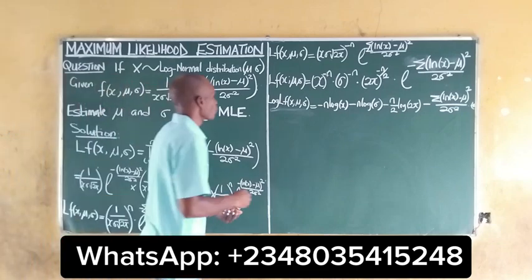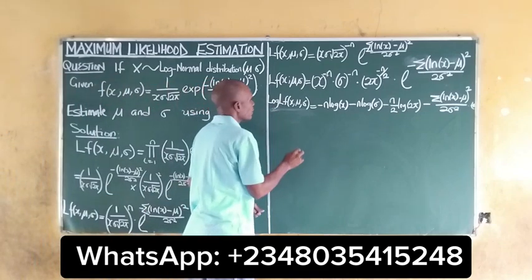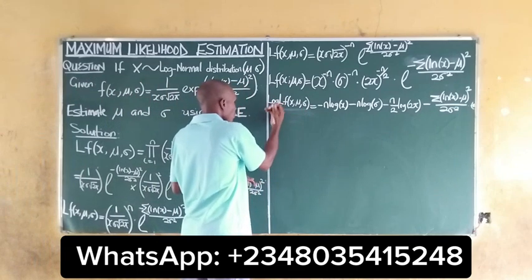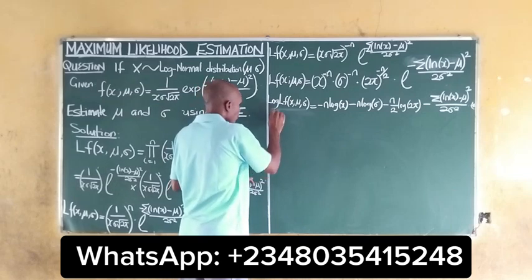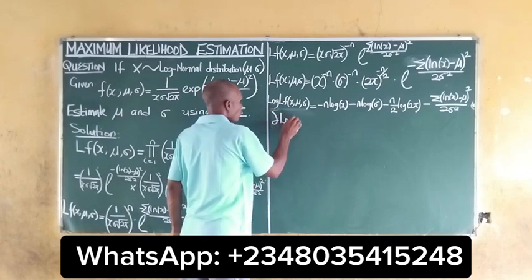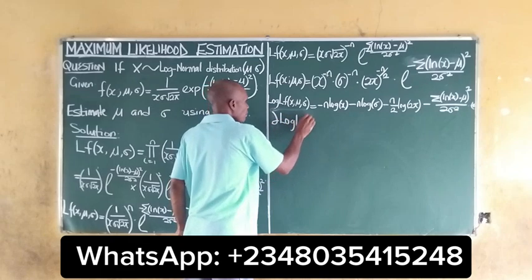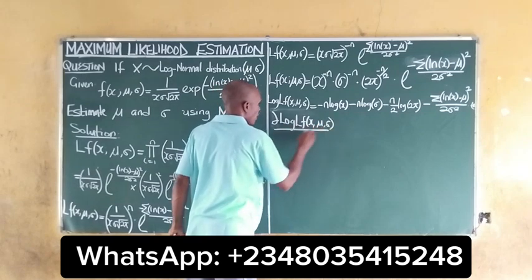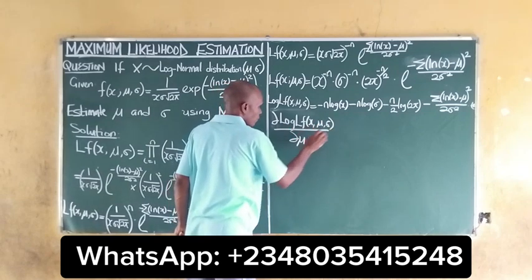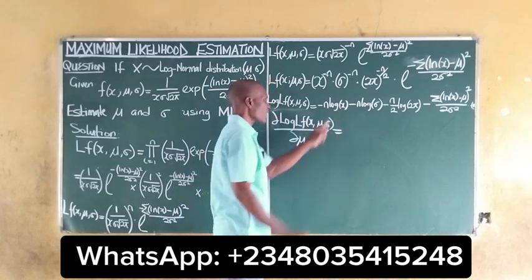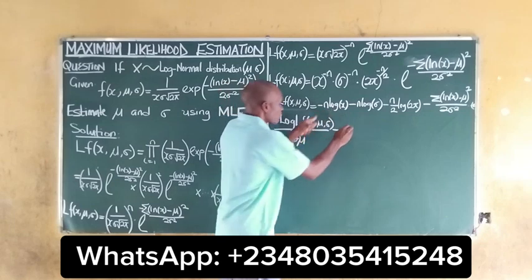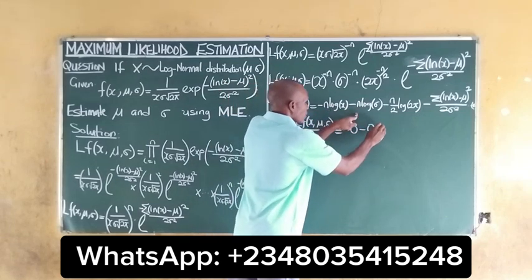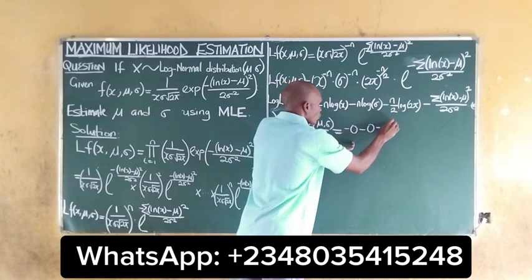So the next thing to do is to differentiate with respect to the mean first. We differentiate the log of the likelihood function of mu and sigma with respect to the mean. Since there is nothing like mu in the first terms, they turn to 0.